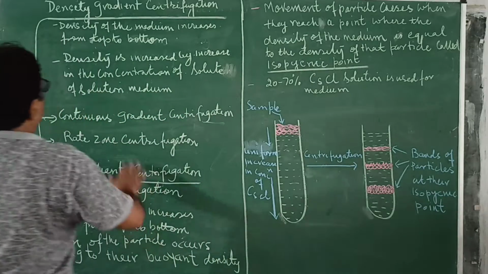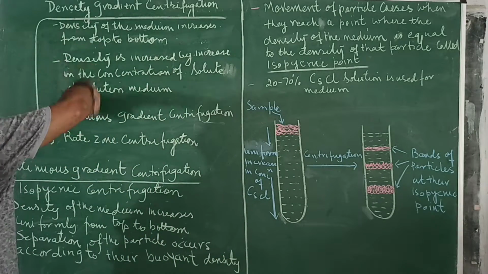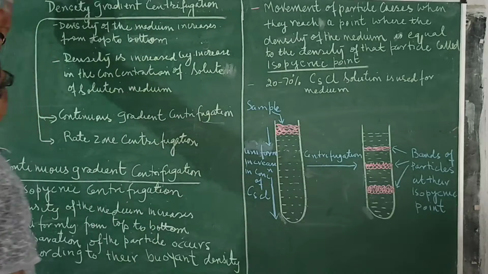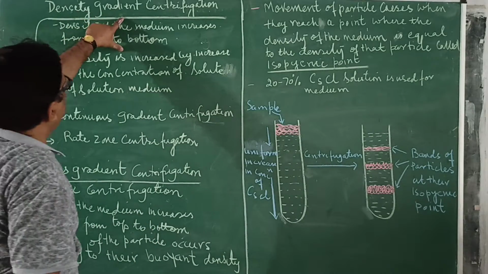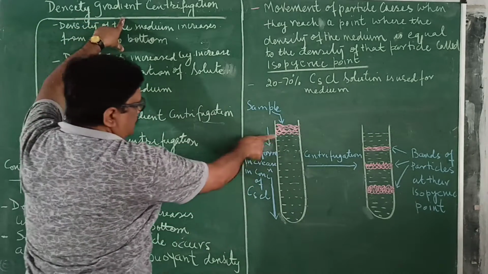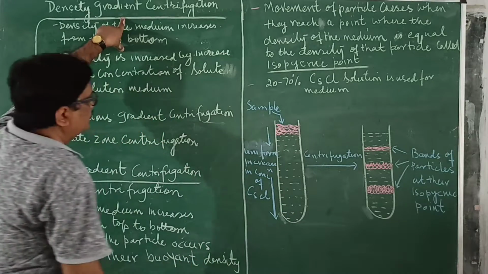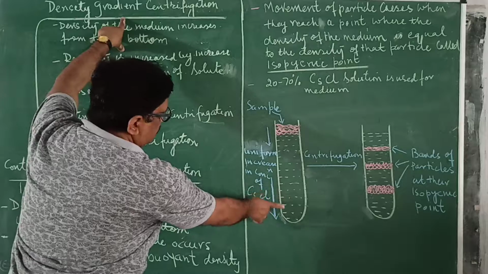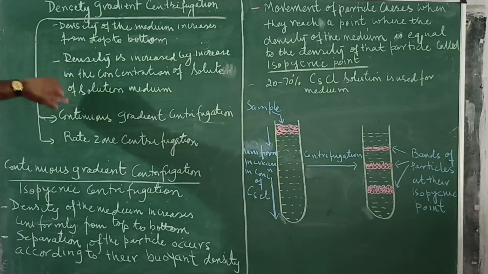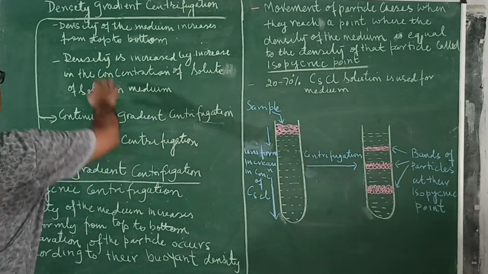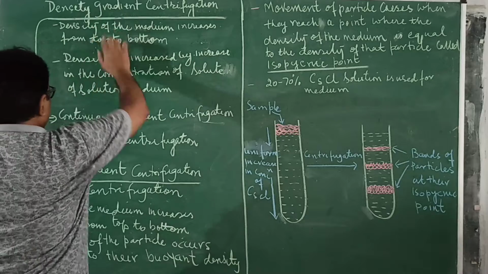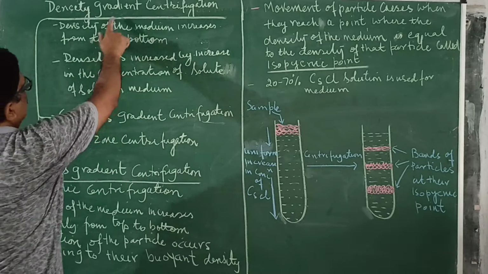So this is the basic idea of density gradient centrifugation: the density of the medium is increased by increasing the concentration of the solute.